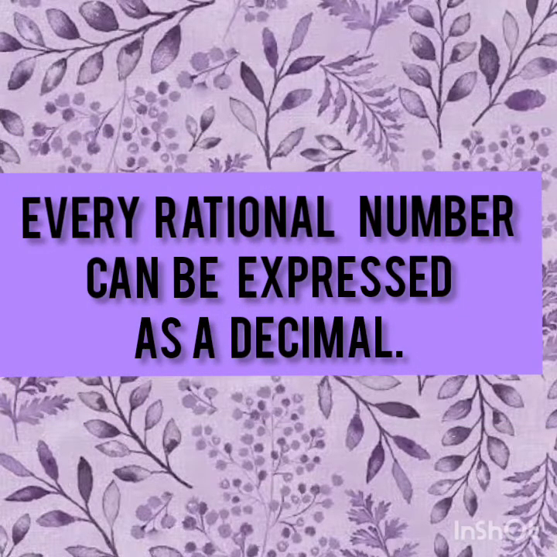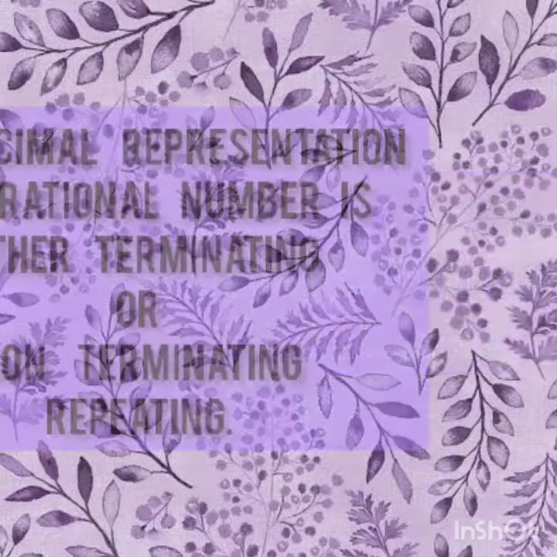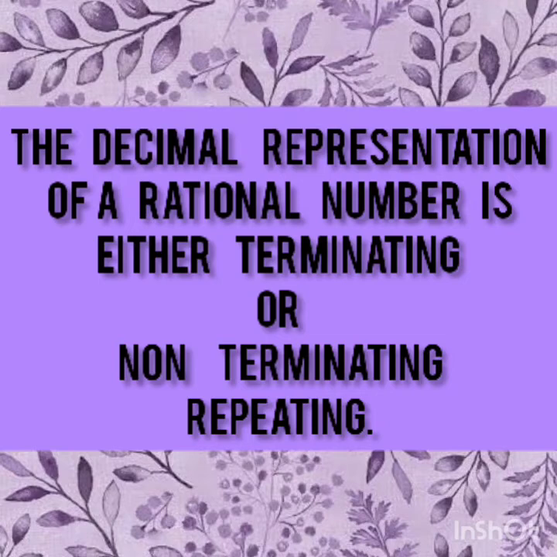Now, dear student, one or two important things are on your screen. Every rational number can be expressed as a decimal. The decimal representation of a rational number is either terminating or non-terminating repeating. These terms you are already well aware of. In class 9 we studied terminating and non-terminating decimals.